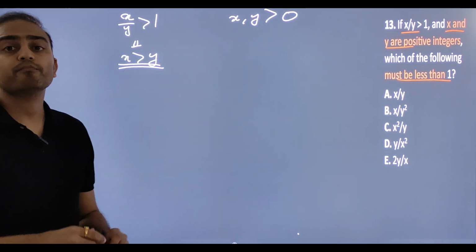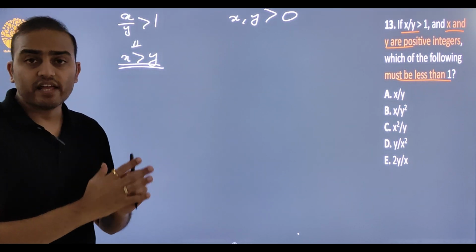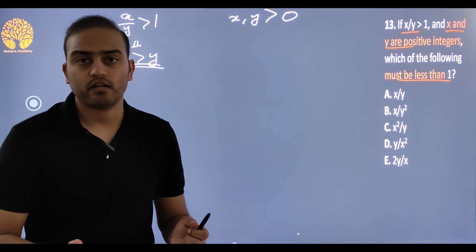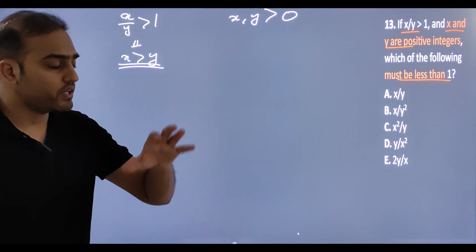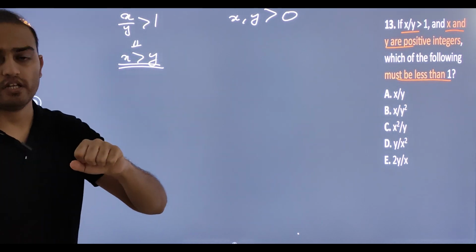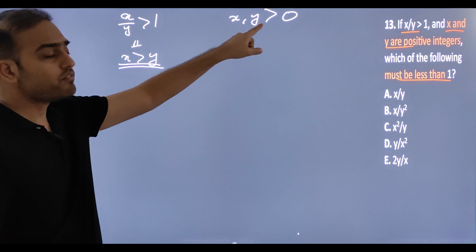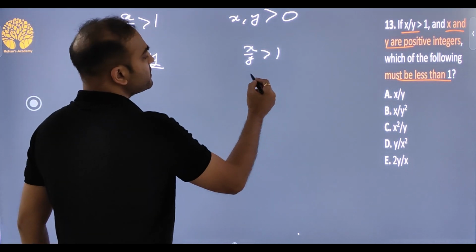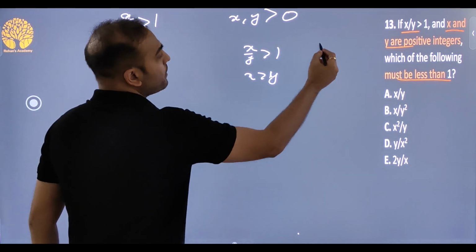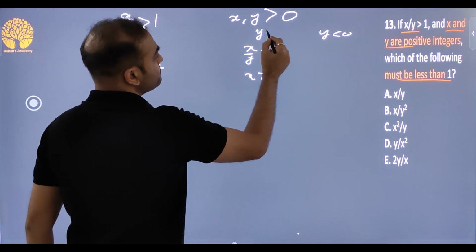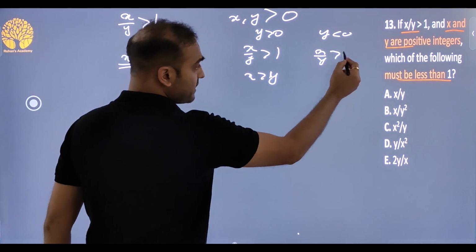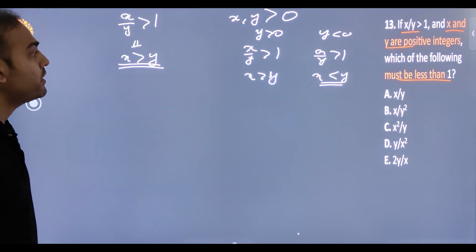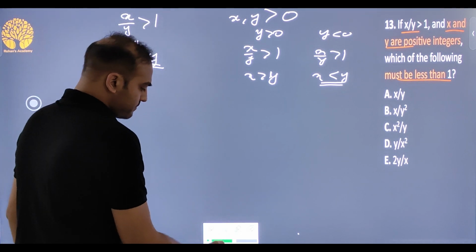If you have variables in inequalities, you cannot cross multiply them just like that. The only way you can cross multiply variables is if you know the sign of the variable. If the variable is positive, cross multiply and keep the sign same. But if the variable is negative, you can cross multiply then also, but you have to change the sign.